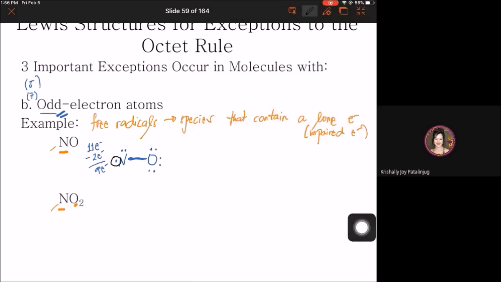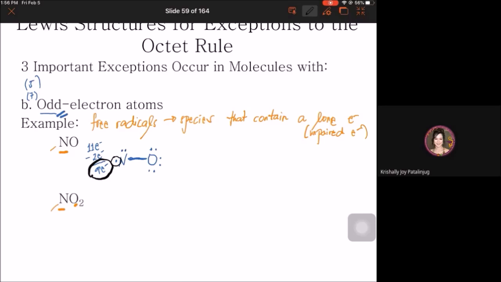Obvious naman na makikita mo agad na may unpaired electron upon distribution kasi yung mismong remaining electron is an odd number. Of course, you will really expect na upon distributing by pairs, may maiiwan talagang mag-isa. Okay? So, this would be one of the Lewis structures for nitrogen monoxide.